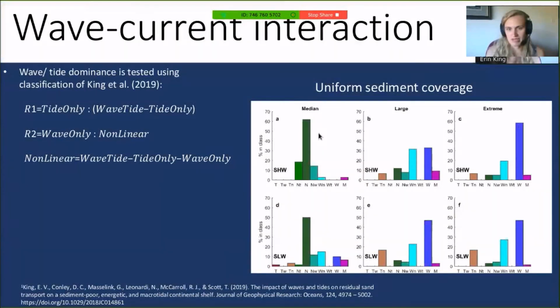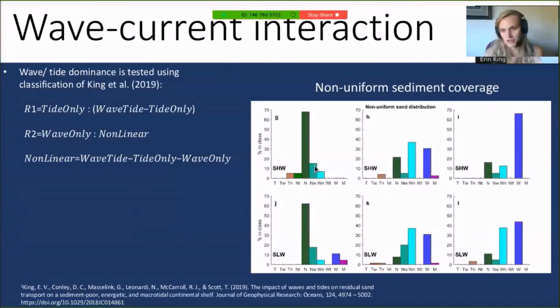Whereas for median waves, the parameterization should be used with caution because we're seeing a peak in dominance of the wave-current interaction here. So it's the combination of the waves and the currents interacting that's driving most of the sand bypassing here.